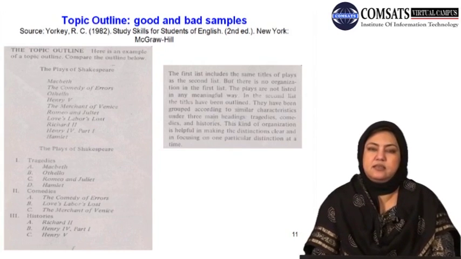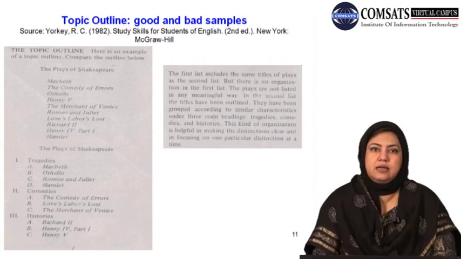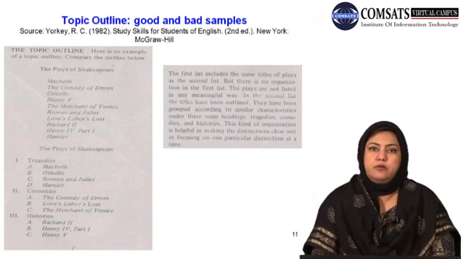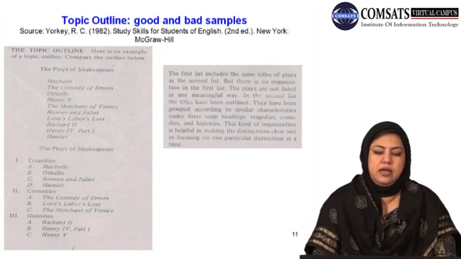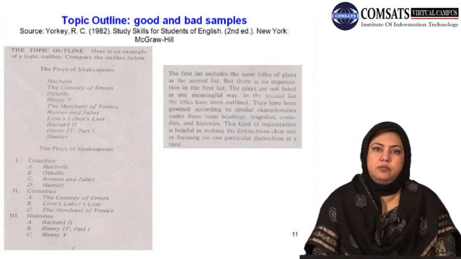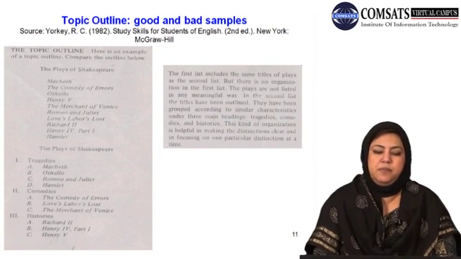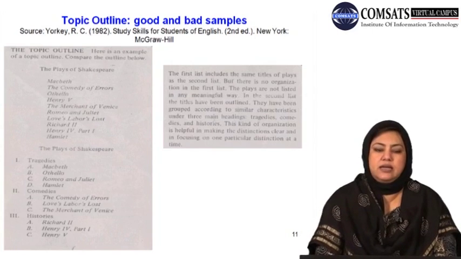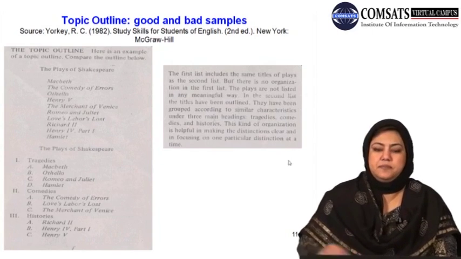Whereas in the second case, the writer would have a clear-cut path in front of him or her, and it would be very easy for him or her to follow the outline and thus logically move from one type of Shakespearean plays to another type, covering all the titles or all the plays under each category. The writer can establish connections and can establish a more organized kind of outline.